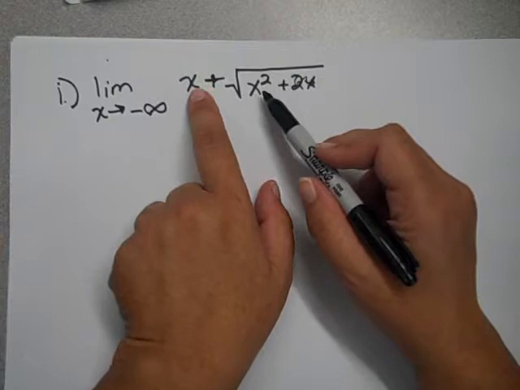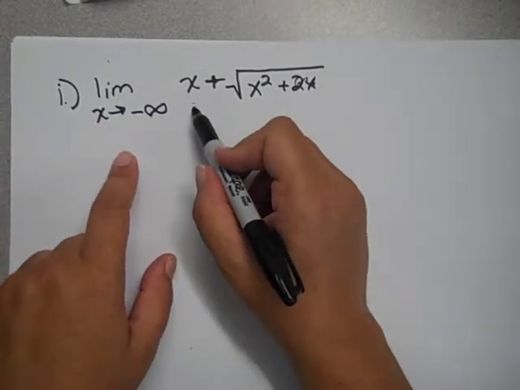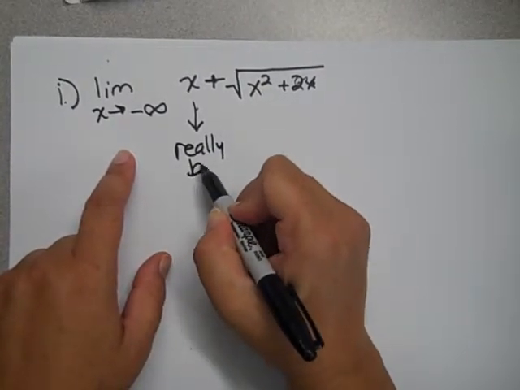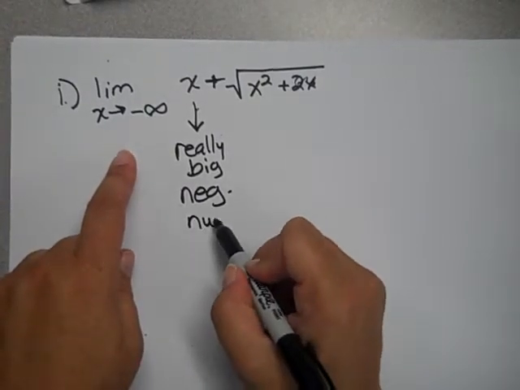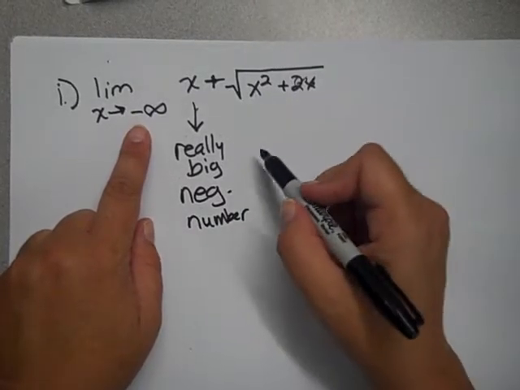So what happens as we get toward negative infinity? This x becomes a really big negative number, right? Think of what happens if I sub in negative 1,000.